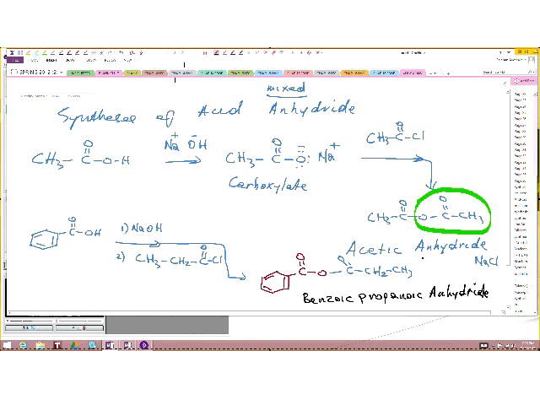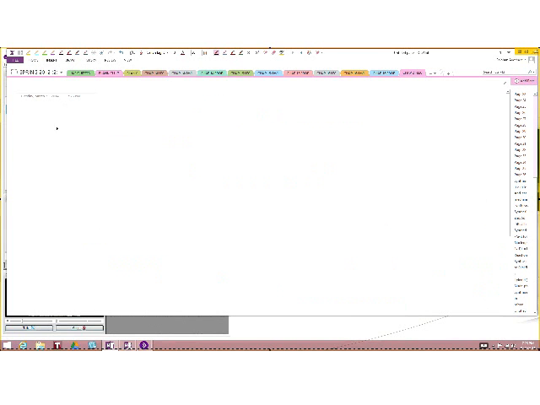So we've given you one method for making an anhydride. Now this method here is actually used to make a lot of your pharmaceutical drugs that many of you are probably familiar with. So let us use this method to make Tylenol. If you take a look at this here, oh no, I want to make aspirin.